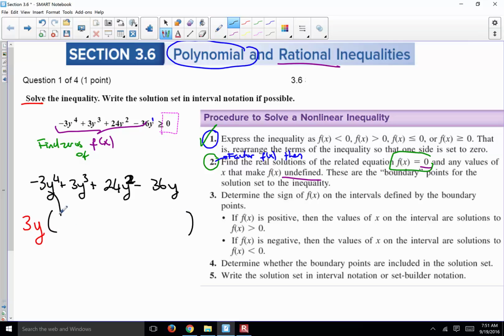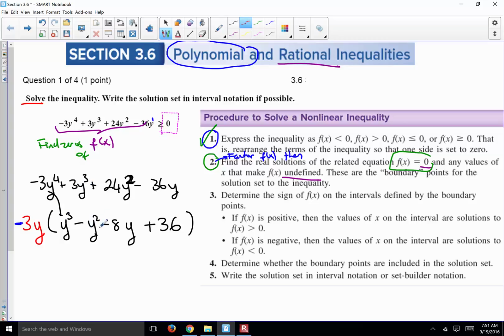Actually, I like to take minus 3y out because I don't like having a negative in the leading term. So I will take minus 3y out. So this is going to be positive y cubed, this is going to be minus y squared, this one is going to be minus 8y, and positive 36. You see all the signs have flipped.